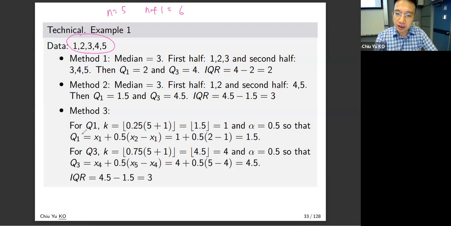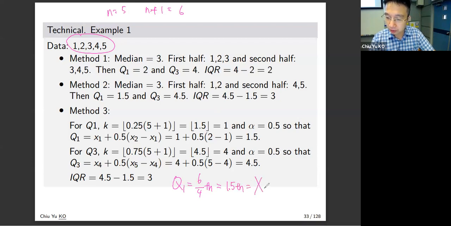So it means that Q1 is indeed 6 plus 1 over 4 data, right? 6 over 4 is 1.5, or when you write it, it is x 1.5.